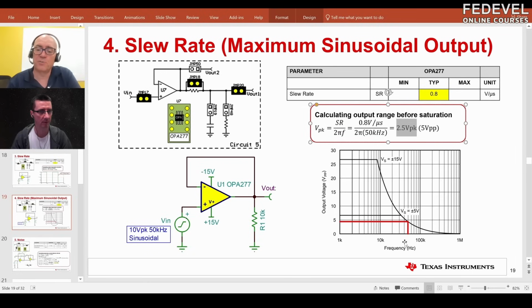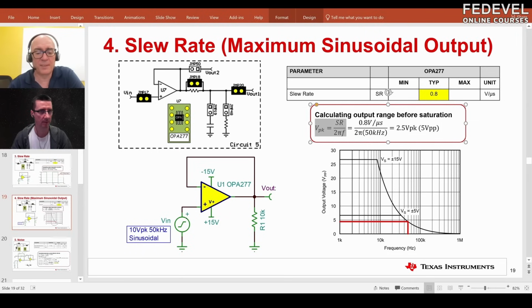You could also use this graph, which is derived using this equation. They're exactly the same, just two different ways of looking at the same thing. If we go on the horizontal axis to 50 kilohertz, meet the curve and go across, we get 5 volts peak to peak for our maximum output signal without distortion.